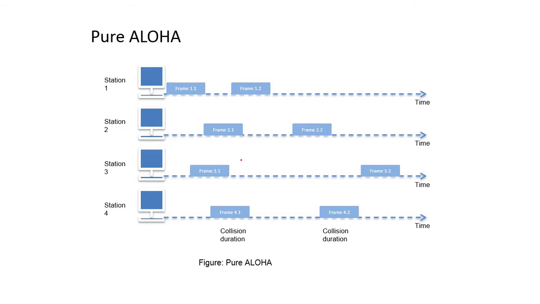Now we are starting with the pure Aloha protocol. So what is the pure Aloha protocol? If you look, anyone can transmit at any time, because there is no limitation. It is like when you are driving on the road and traffic police are not available at any point.